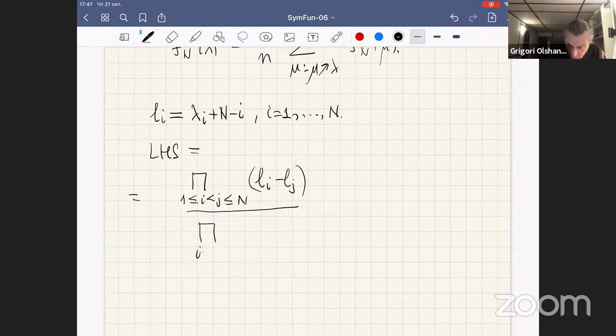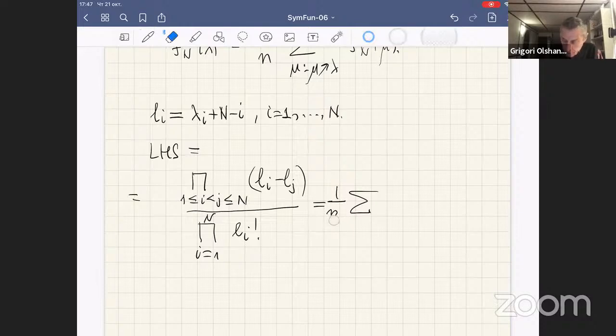And we want to prove that it is equal to the sum. Here we have the n. Maybe it's better to put it on the left, sorry. Put it on the left.